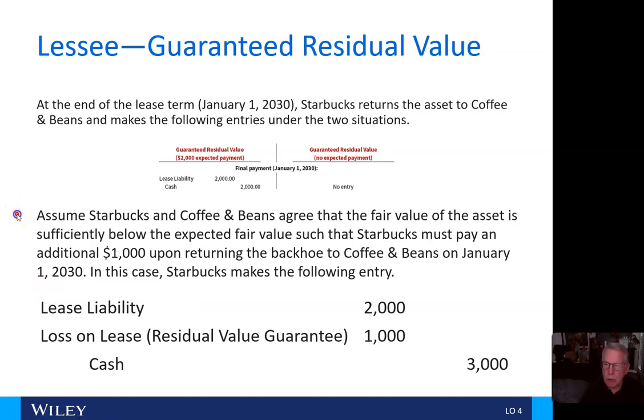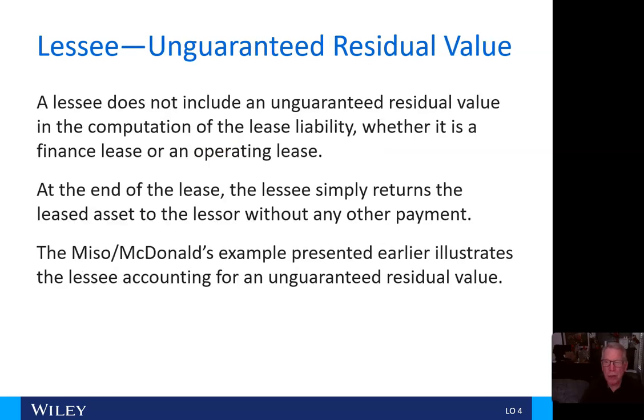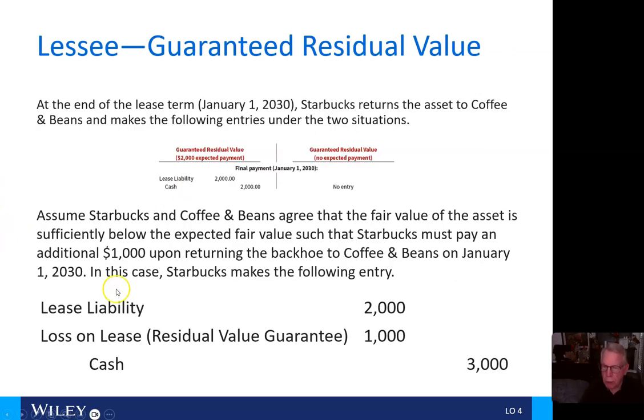If I assume Starbucks and Coffee and Beans agree that the fair value of the asset is sufficiently below the expected fair value, such that Starbucks must pay an additional $1,000 upon returning the bean roaster to Coffee and Beans on January 1, 2030, in this case Starbucks will make this entry. We will debit lease liability and debit loss on lease, residual value guarantee for $1,000, and credit cash for $3,000.